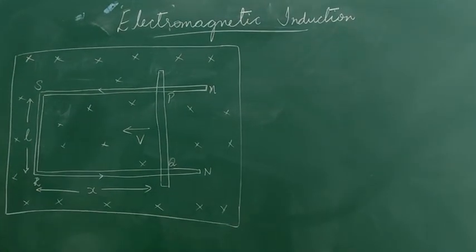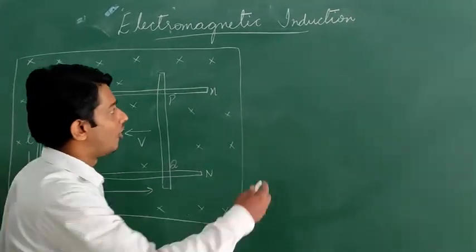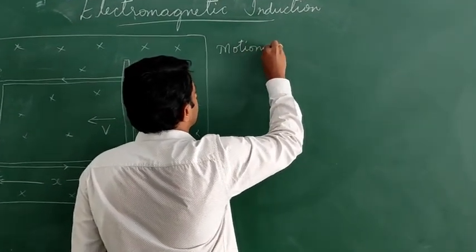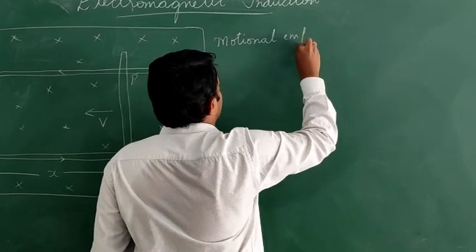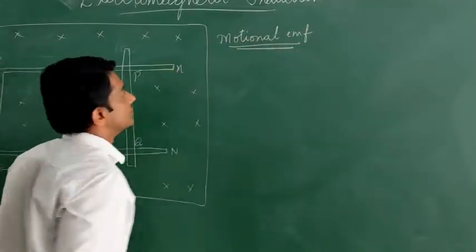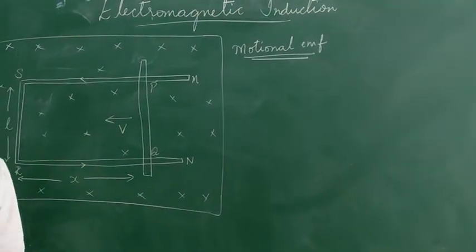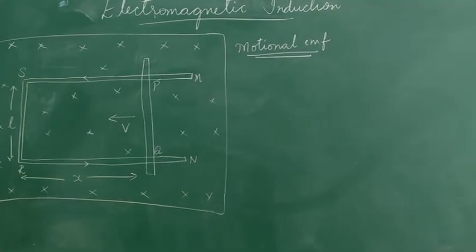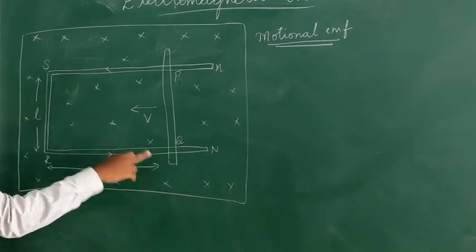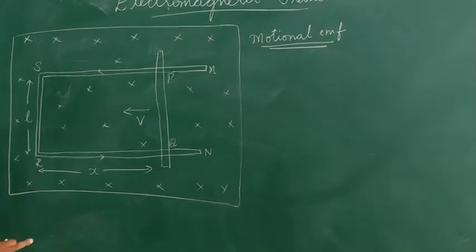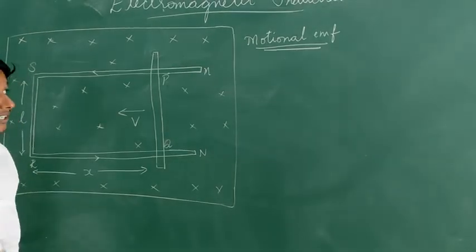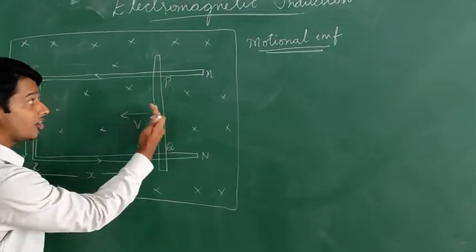So the next topic is to derive the expression for motional EMF. Let us derive the expression for motional EMF here. Let us consider PQRS to be a conductor and PQ be the movable part of the conductor.